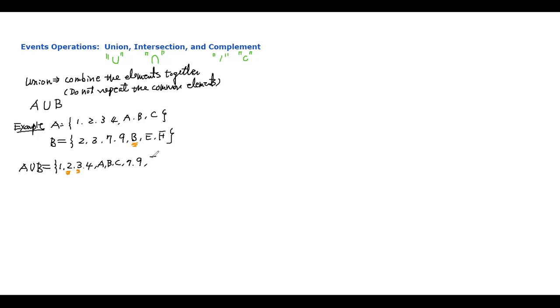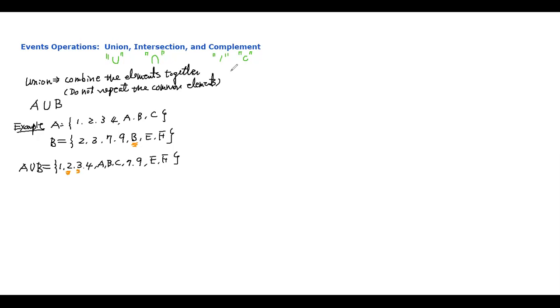And then E, F. That's what we call the union. You combine all the elements, and the common elements you don't repeat, you don't double them.